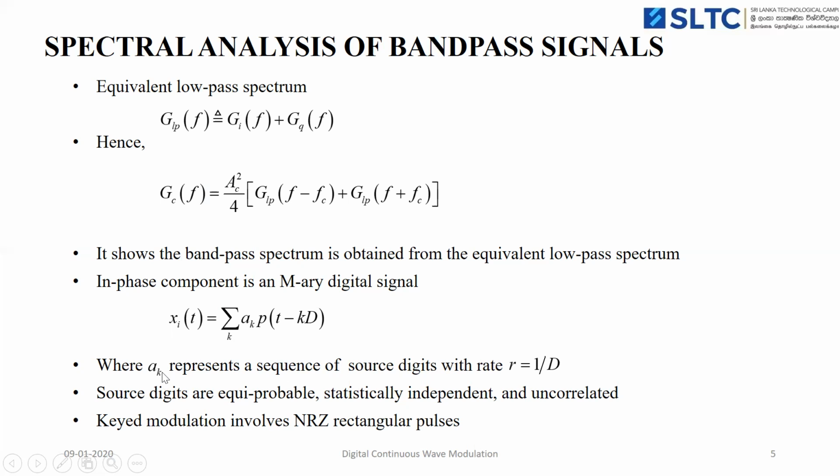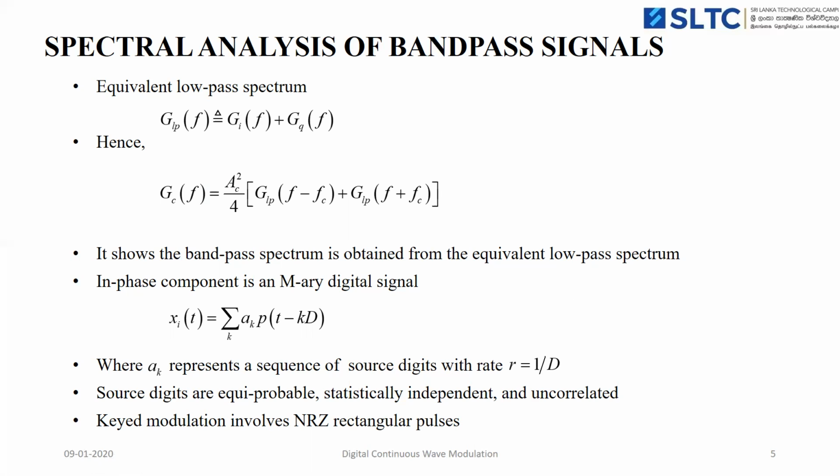Okay, here the a_k represents the sequence of source digits. It is actually the amplitude levels of the rectangular pulses with rate R equal to 1 by capital T, where capital T is the duration of the rectangular pulse. And here we are assuming that the source digits are equiprobable, statistically independent, and uncorrelated.